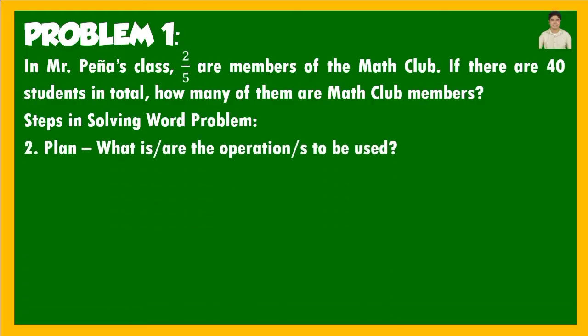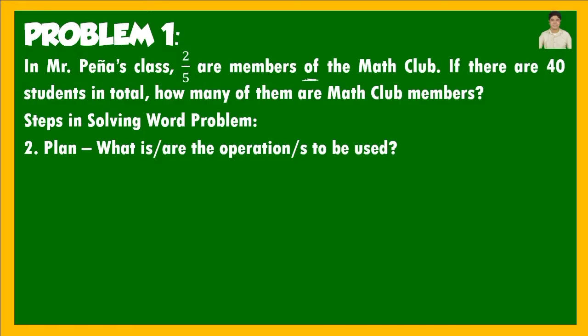Second step, plan. So what is or are the operations to be used? Okay, so since yung ating discussion is about multiplication of fractions, basically our operation here is multiplication. Okay, so meron kasi tayong clue dyan is yung word na of.